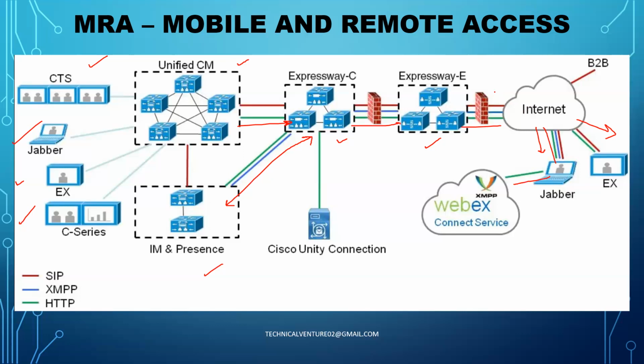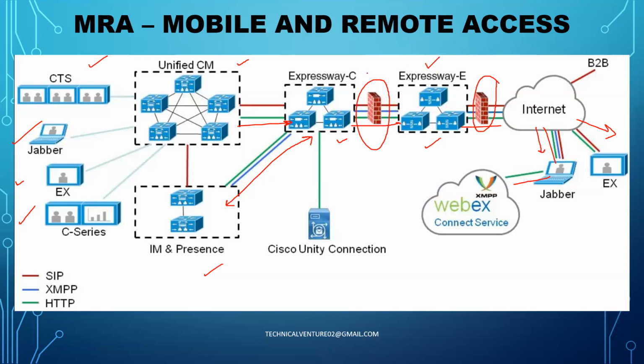I hope you remember I told you in maybe the first or second slide, there will be two firewalls. One firewall would be in between Expressway Core and Edge, and one firewall is in between Expressway Edge and the internet. This firewall is having all the security to allow the endpoints which are on the internet. Only then after passing from this firewall, it will come to Expressway Edge.